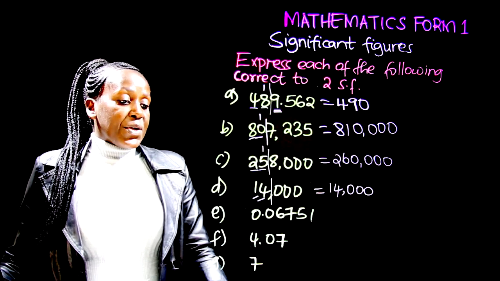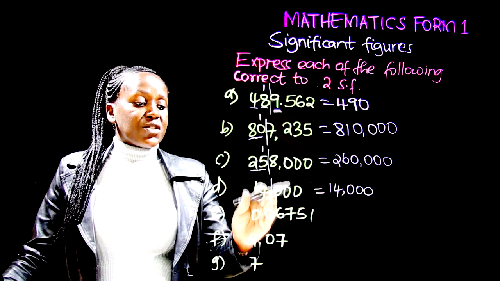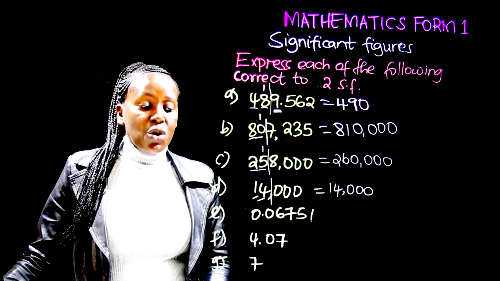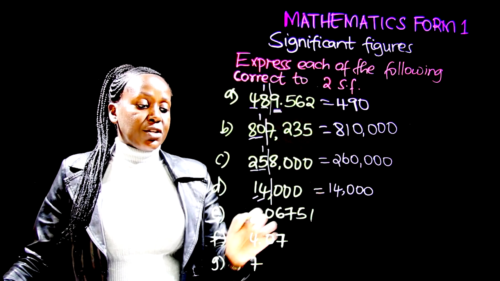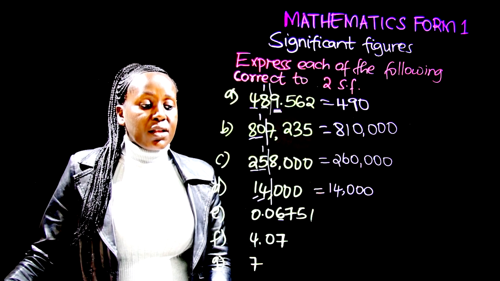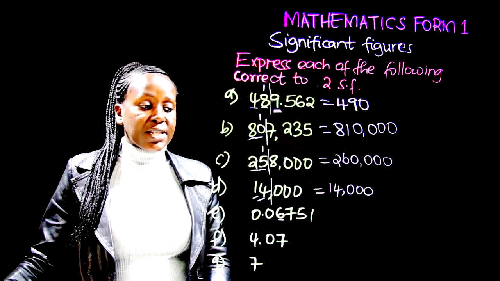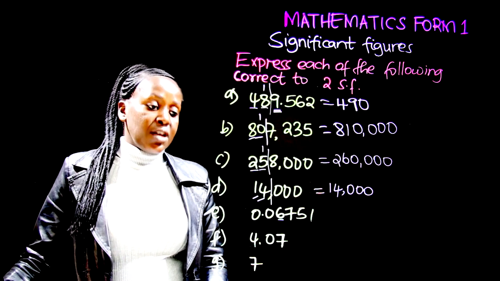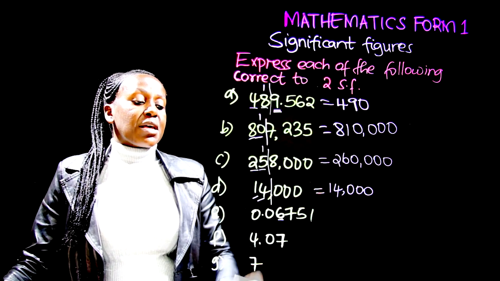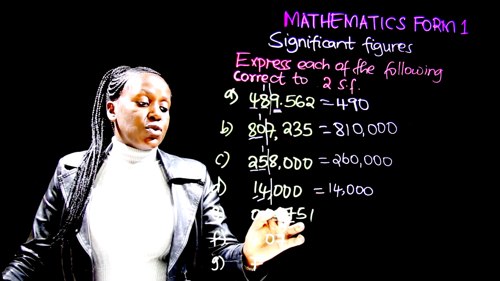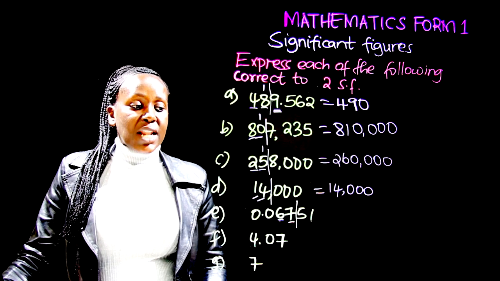Then now, here we have 0.06751. So we need to start counting from 6 because zeros on the left hand side of the number are considered insignificant. So we start counting from 6 being our first significant figure. So 1, 2, then we put a slash there.